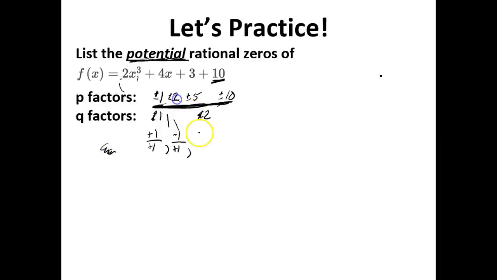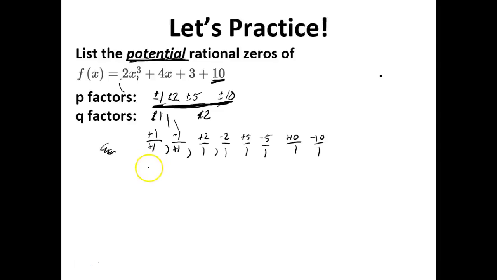Then plus or minus 2, so I can do a positive 2 over 1, or a negative 2 over 1. Plus or minus 5, I could do a positive 5 over 1, or a negative 5 over 1. I can do a positive 10 over 1, or a negative 10 over 1.